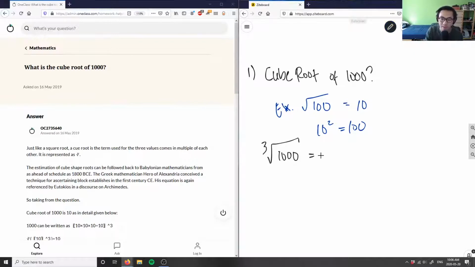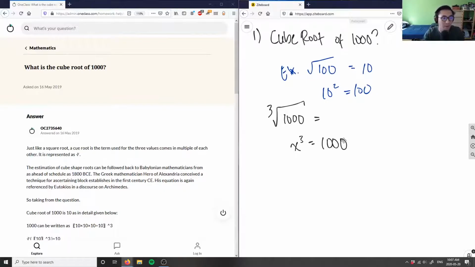So it's going to be some number cubed that equals 1,000. I can rewrite this as: what is x cubed equals 1,000? They have to be the same number, like 1 times 1 times 1, or 2 times 2 times 2.